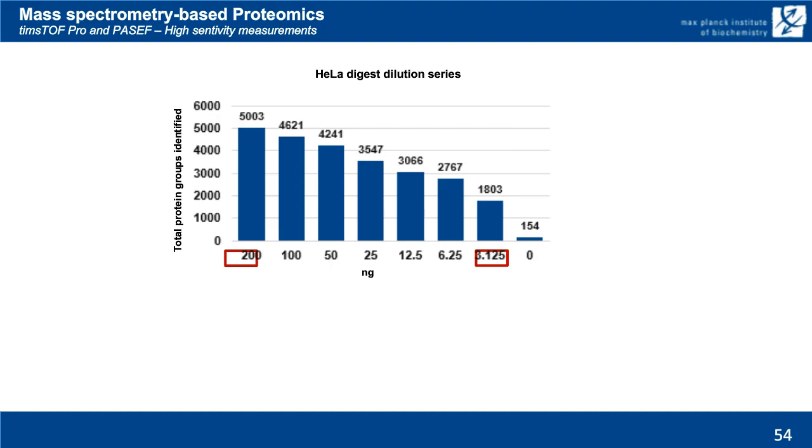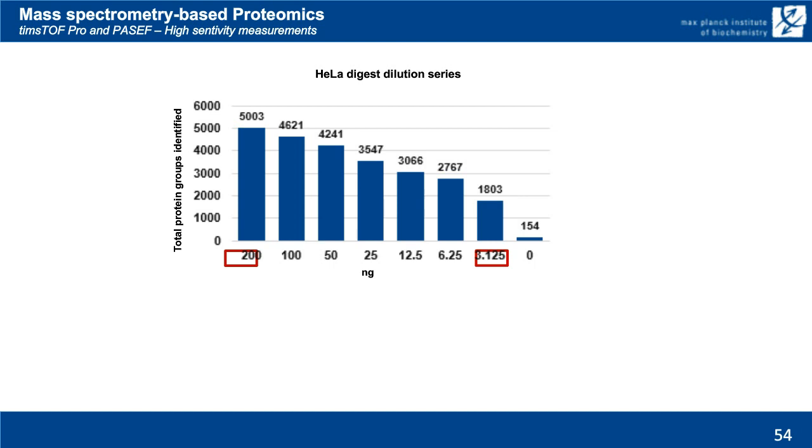So since this mass spectrometer, as Florian already told, is super fast and super sensitive, we thought it's time to perform a HeLa digest dilution experiment, and we started with 200 nanograms of HeLa and then diluted this amount twofold down to 3.125 nanograms.